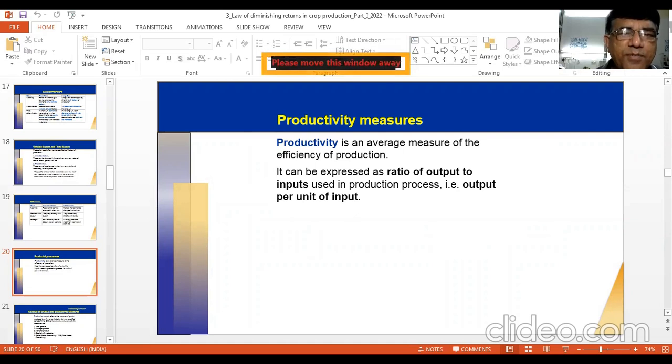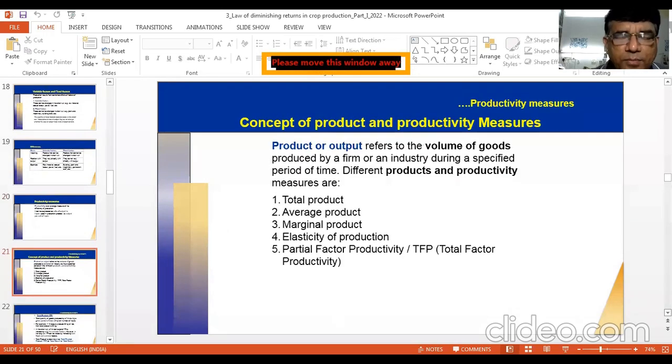There are several parameters to measure productivity. But first of all, let us see what a product or an output is. It refers to the volume of goods produced by a firm or any industry during a specified period of time.